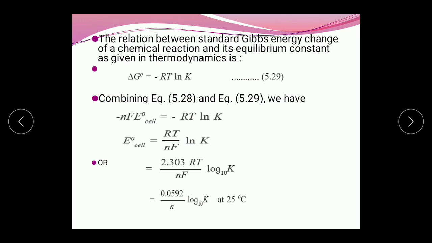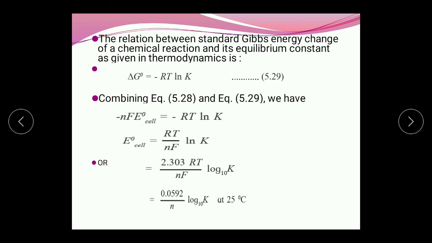Now rearrange the equation, we get E0 cell equal to RT divided by nF into ln K. And the same equation, if we want to change ln, that is log to the base e, to log to the base 10, then we have to multiply by 2.303.